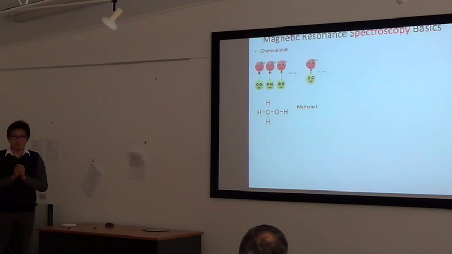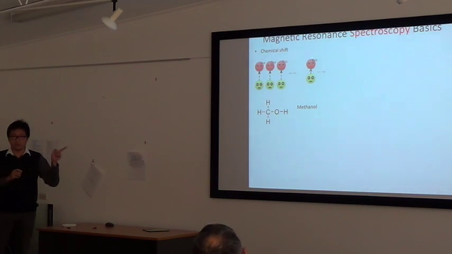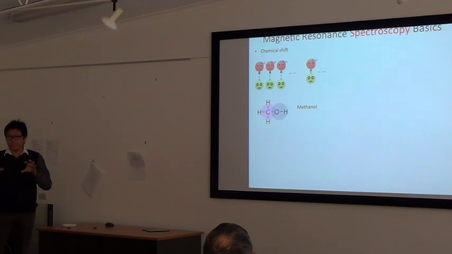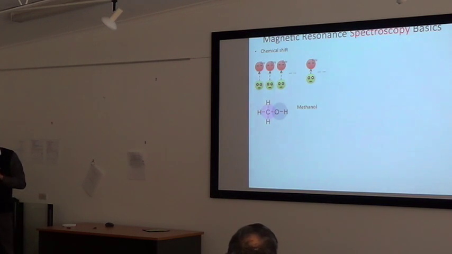we think about methanol. The carbon and oxygen nuclei also have their own magnetic field on top of the external magnetic field. So then the hydrogens will have a different local magnetic field for each hydrogen proton.